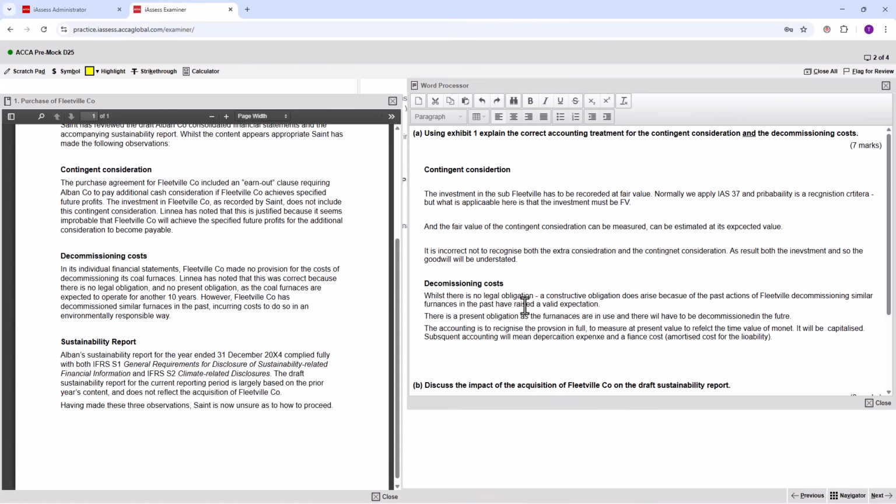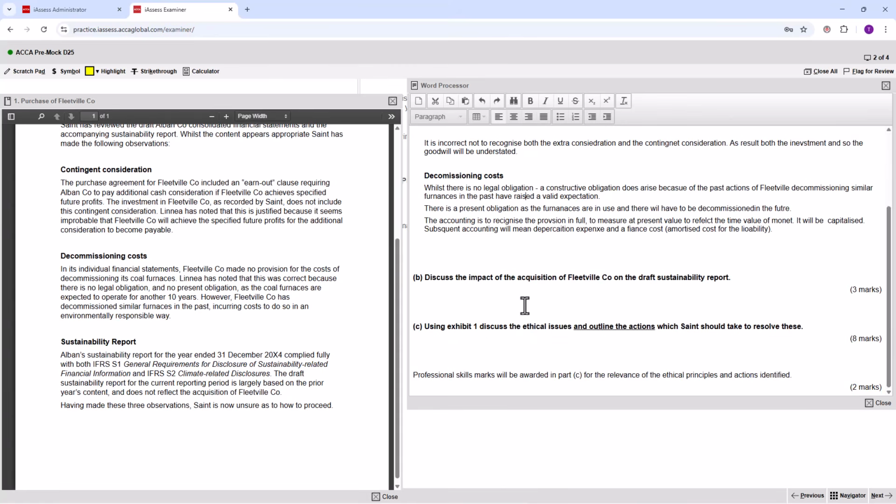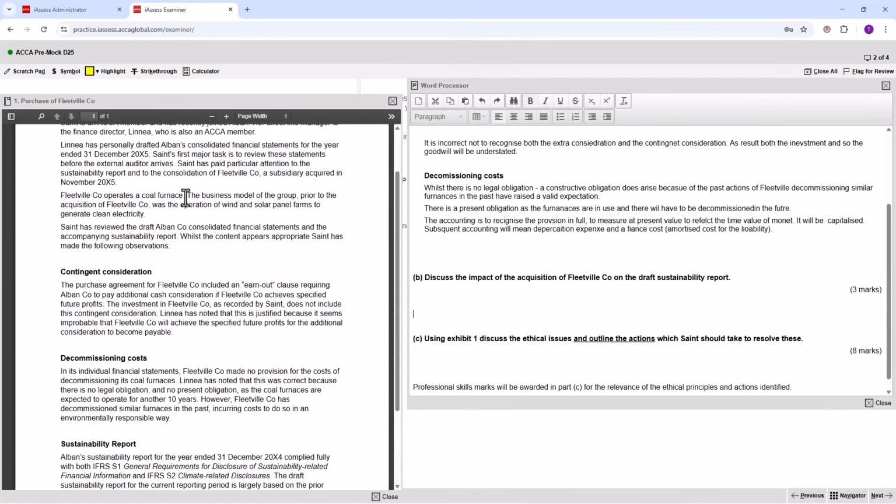All right. So we've now got to think about the impact of the acquisition of Fleetville on the draft sustainability report of Alban. And Alban's business model, if you remember, the business model of the group prior to the acquisition of Fleetville was the operation of wind and solar farms to generate green electricity.